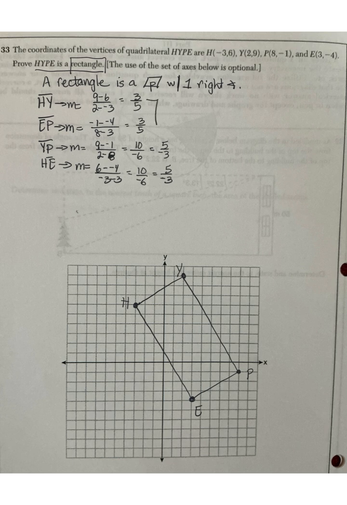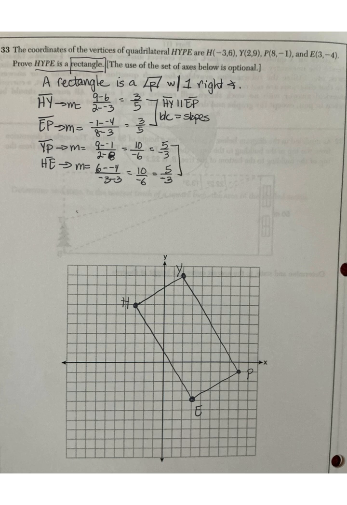So I know these guys have the same slope. So I know that HY is parallel to EP because they have equal slopes. Now you can say it in a different way, but you want to say the same thing. I'm just kind of cutting to the chase here.